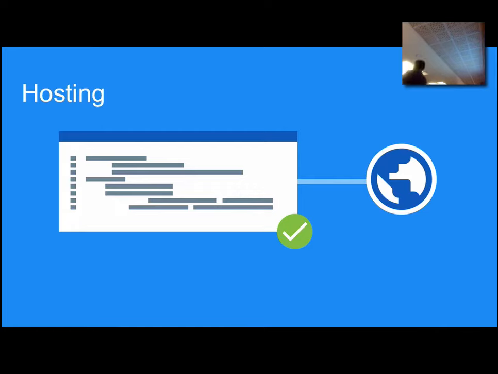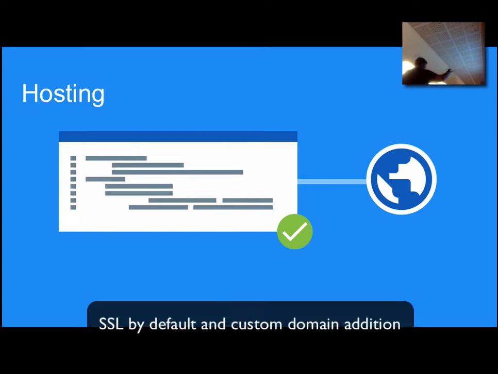Firebase hosting. You can host your static HTML files, images, videos or audio directly in Firebase hosting. Among the many things it provides, it gives you free SSL by default, so you don't have to worry about security, and it also gives you a free custom domain.